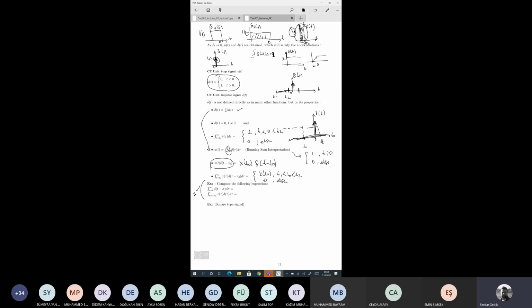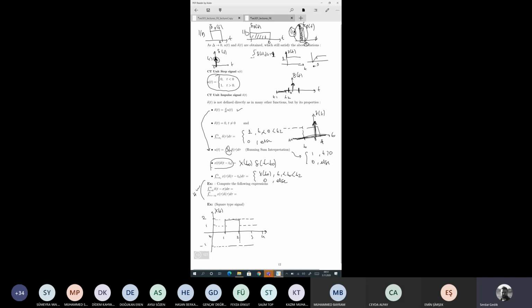Well, at this point, I have a square type example. Let me draw it. So 1, 2, 3, 4. In the interval 1 to 2, it is 2.